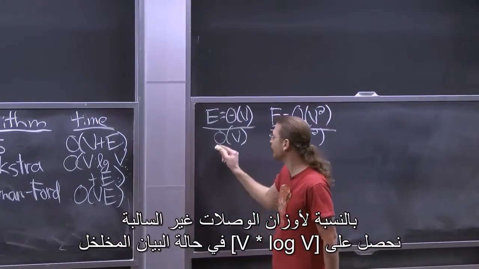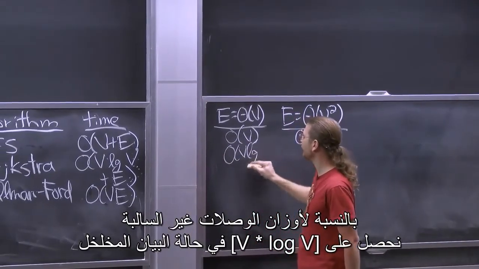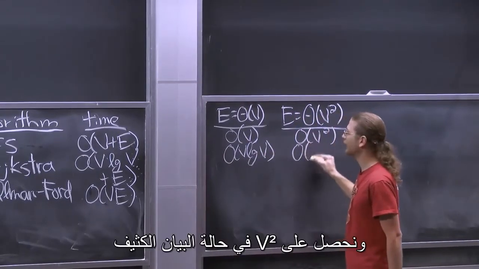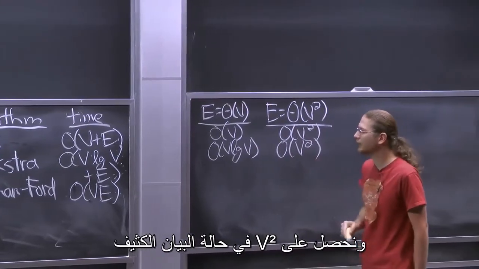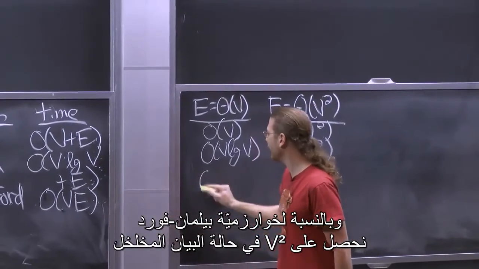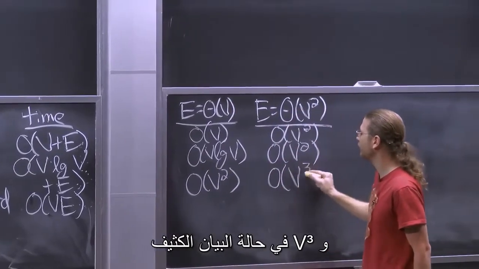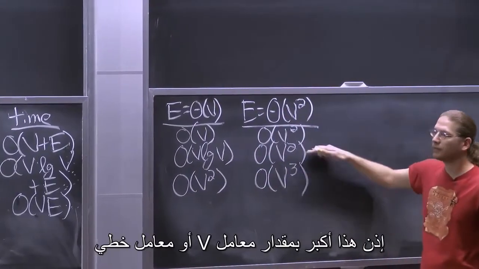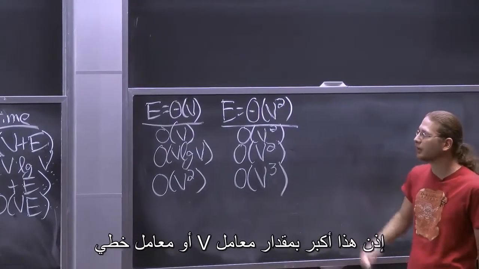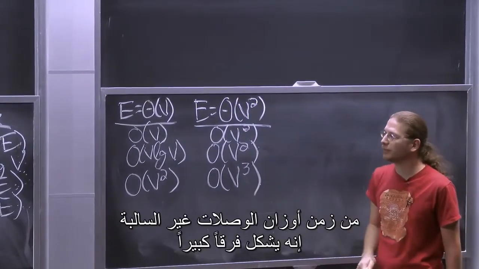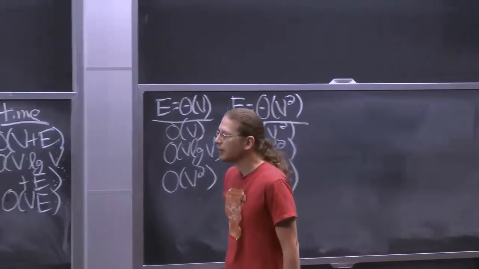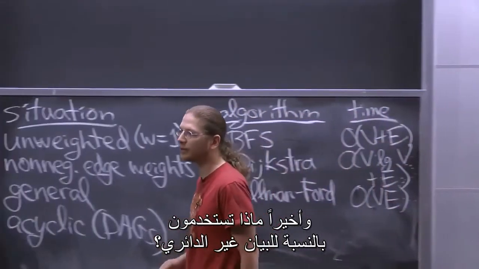For non-negative edge weights, we get V log V in the sparse case, and we get V squared in the dense case. And for Bellman-Ford, we get V squared in the sparse case and V cubed in the dense case. So this is a V factor, or linear factor, larger than non-negative edge weights. Makes a huge difference. And finally, for acyclic graphs, what do you do?